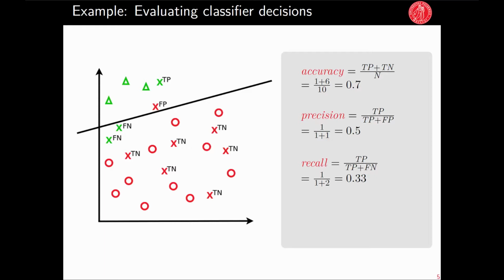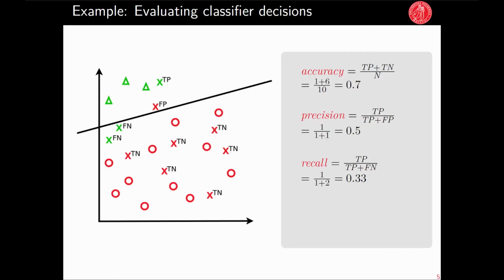So immediately we see that these are less forgiving evaluation measures in this context. And it's also important to realize that there's a trade-off here between precision and recall. We could easily obtain higher recall, but at the price of precision.